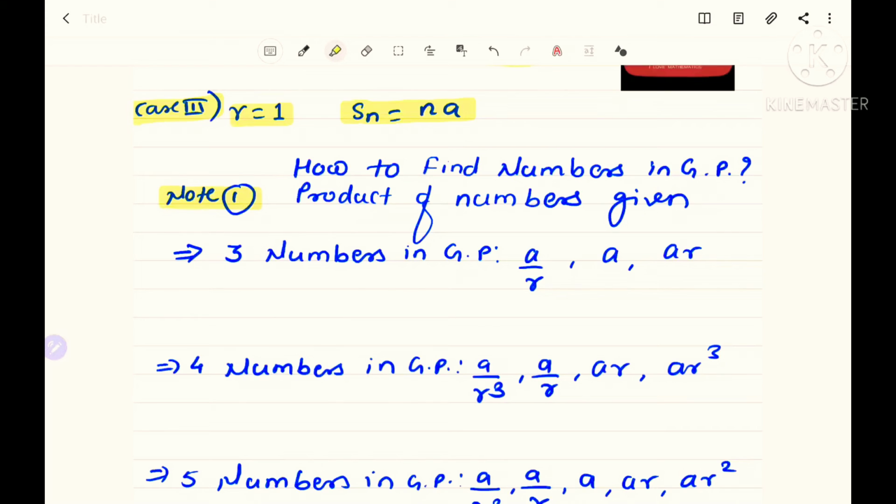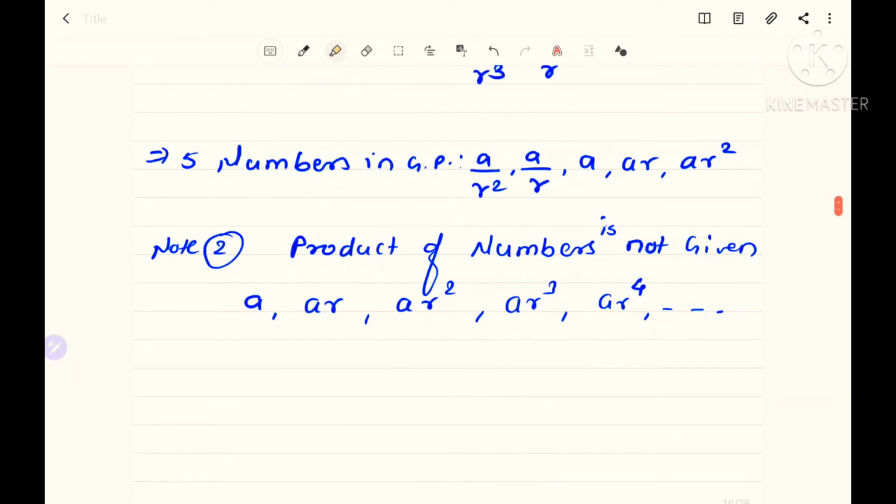Here I am marking this as note number 1: how to find numbers in geometric progression. We discussed this particular question in the previous lecture: how to find numbers in geometric progression, provided the product of the numbers is given. There are two cases. Either they will provide you the product of all the numbers, or they will not provide the product.